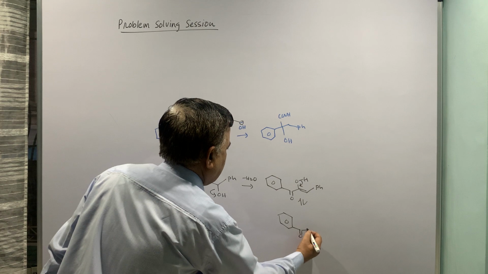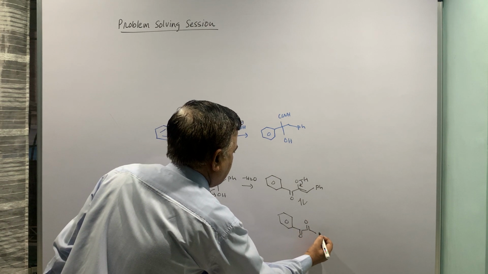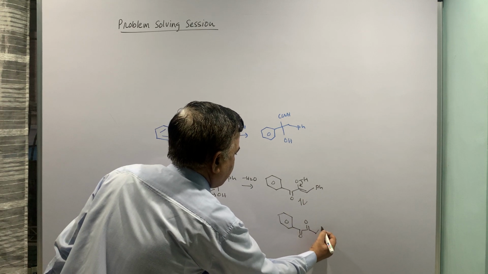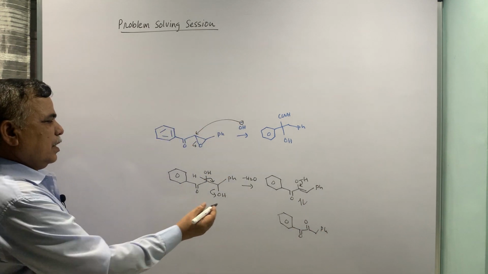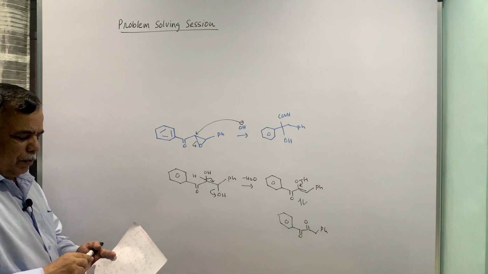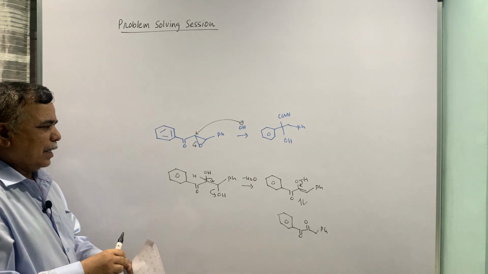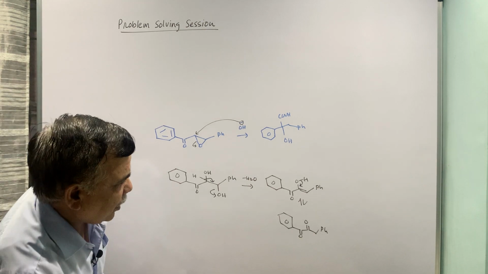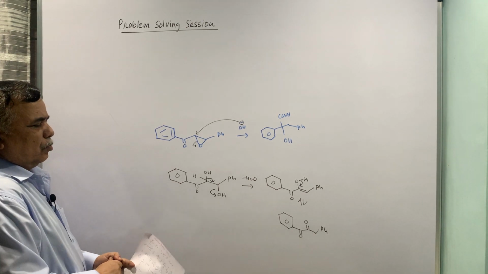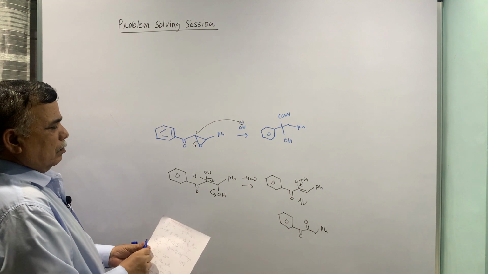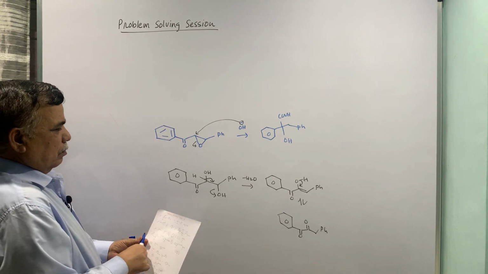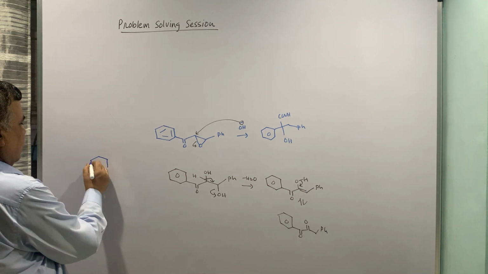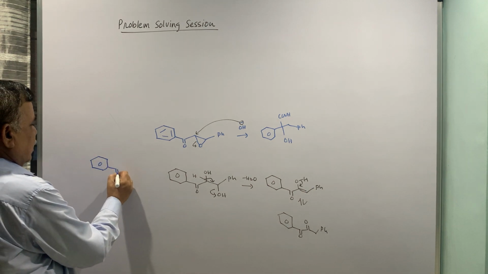Now, once the 1,2-diketone is there, then CO, and then this is CH2Ph. Once this is formed, your next job is to show the attack of OH minus, and then shifting everything there. So once this diketone is there, our job is easy.